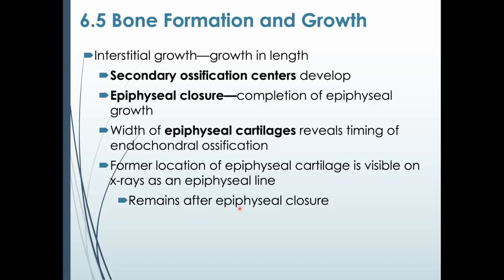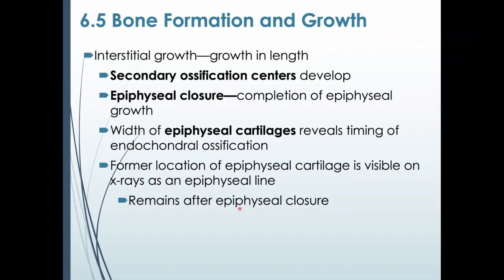And that is going to take place at what end? The epiphysis. And so what happens is when you look at the width of the epiphyseal cartilage, you can see the timing of the endochondral ossification, the changing of the cartilage skeletal system into the actual mineralized skeletal system.